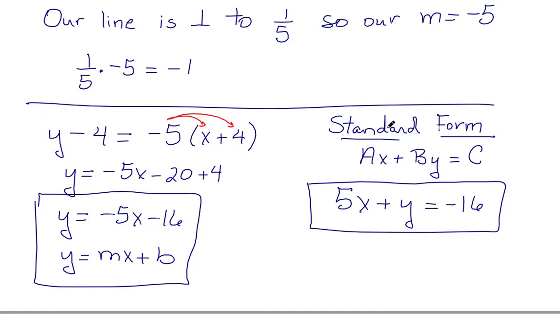Now they also wanted it in something called standard form. Standard form is fairly useless to read off any information, but it's a pretty form. So we put all the x's together on one side, leave the number on the right. So in our case, all I have to do is move this -5x to the left, and I get 5x plus y is -16.